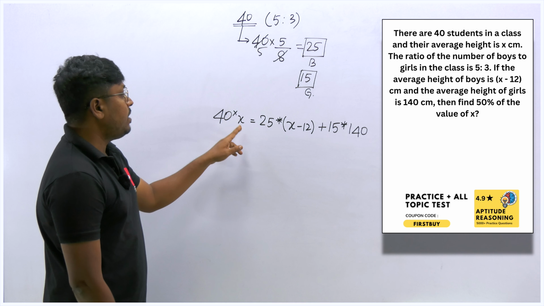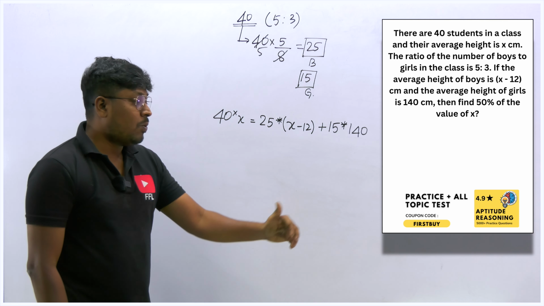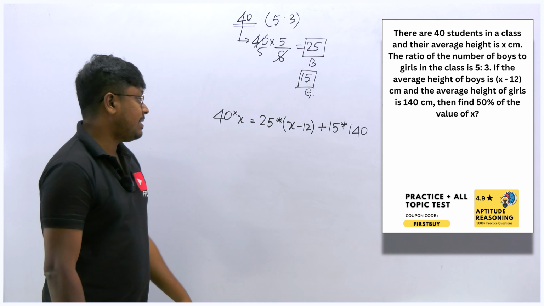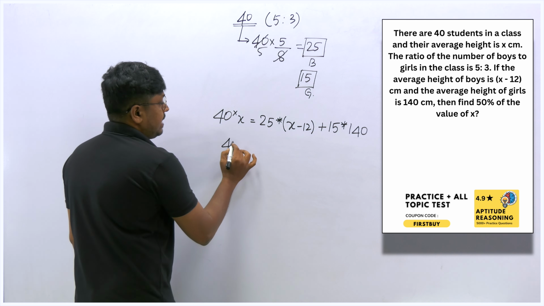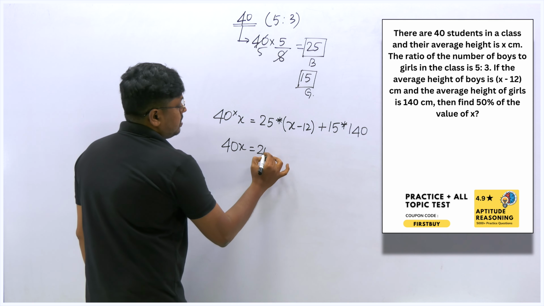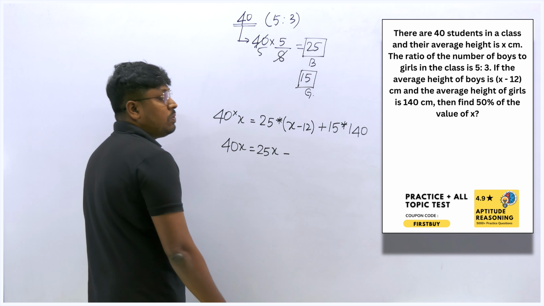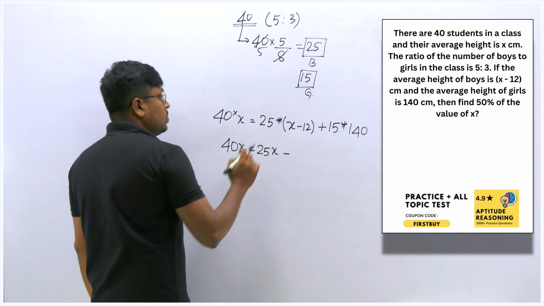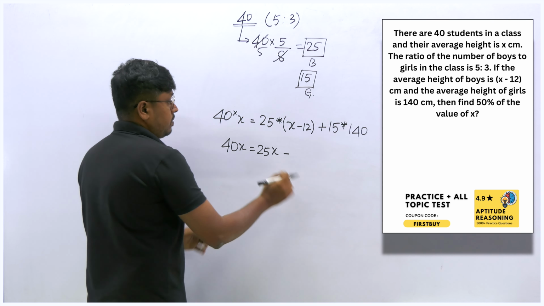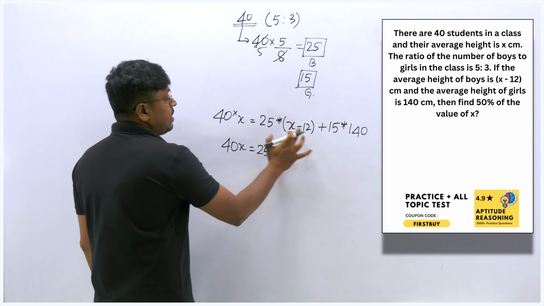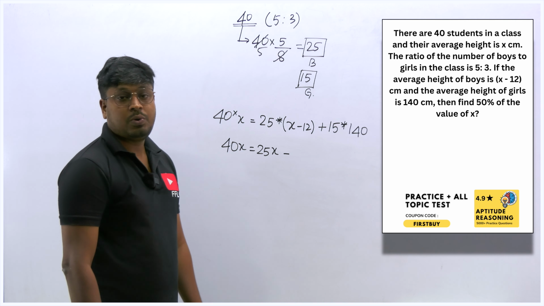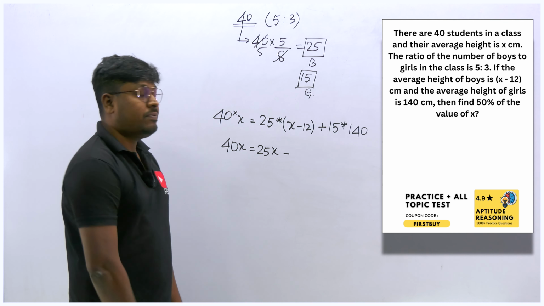So first we need to find x, and then we need to find 50% of x. So now 40x is equal to 25x minus 25 into 12. 25 into 10 will be 250, 25 into 2 will be 50. So 250 plus 50 will be 300.